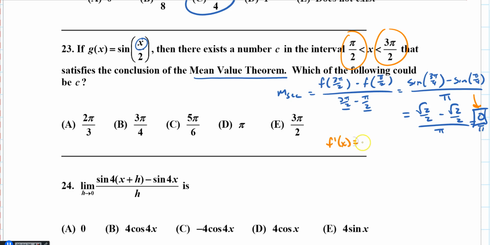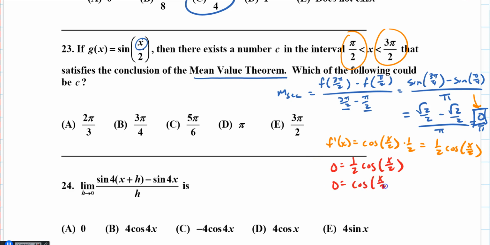The derivative is going to be cosine of x over 2 times the 1/2 because of the chain rule. That leaves me with 1/2 cosine of x over 2. Now we're going to set that derivative equal to 0. So 0 equals 1/2 cosine of x over 2. Multiplied by the 2, the 1/2 goes away. 0 is equal to the cosine of x over 2.